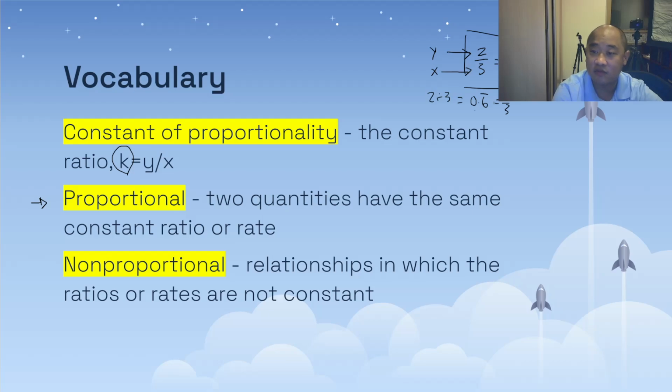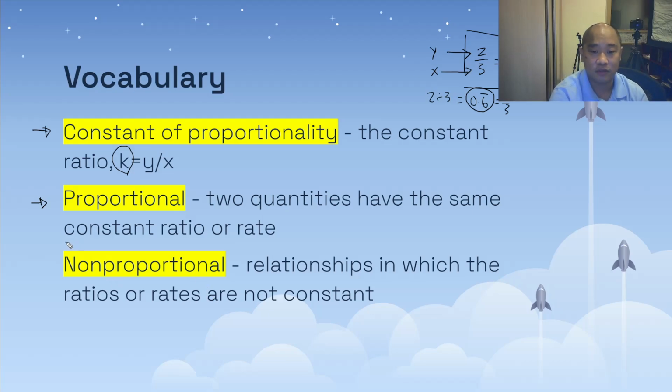What's the constant of proportionality of 4/6? Well, it's 2/3, or 0.6 repeating. So 2/3 and 4/6 both have a constant of proportionality of 0.6 repeating. And because they have the same constant of proportionality, that means that they are proportional.